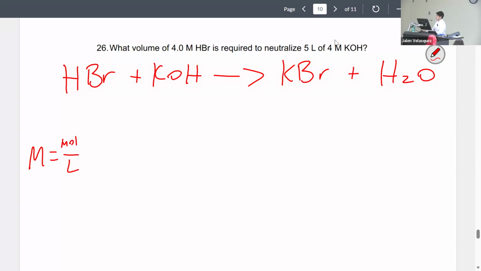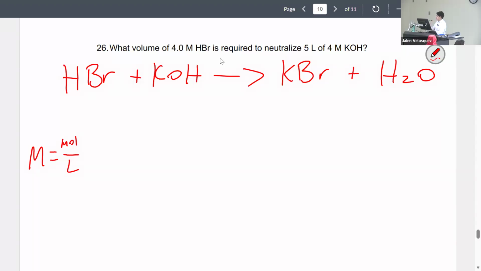I have molarity and liters, so from there we're going to figure out the moles of KOH. Then from the moles of KOH, we're going to solve for the moles of HBr. And then since we have both moles and concentration of HBr, we can find the volume and answer.